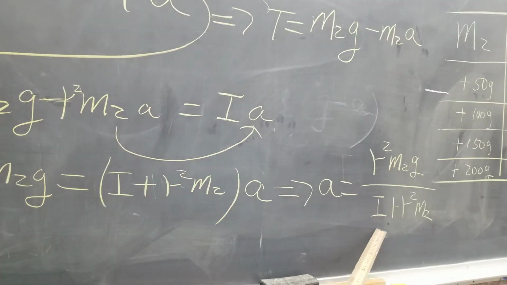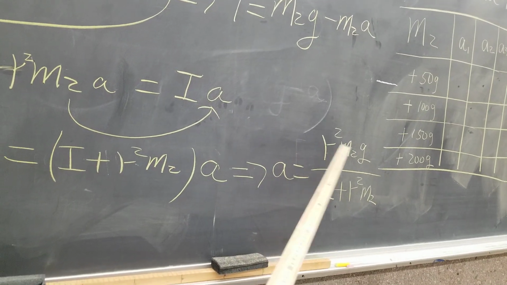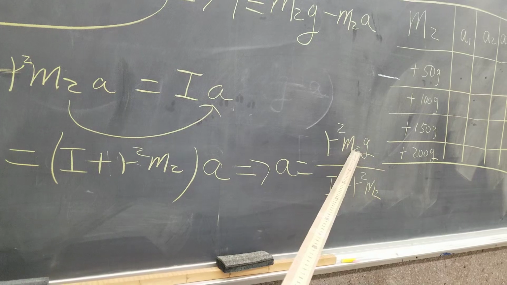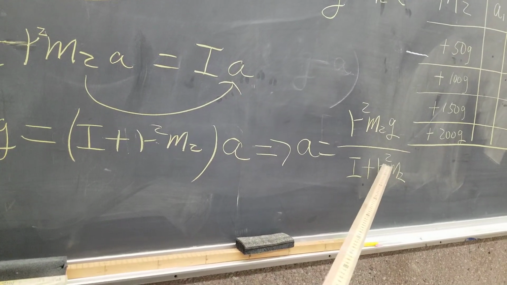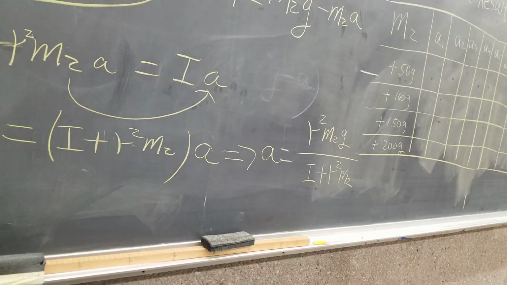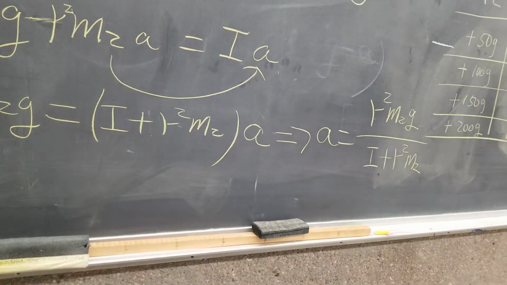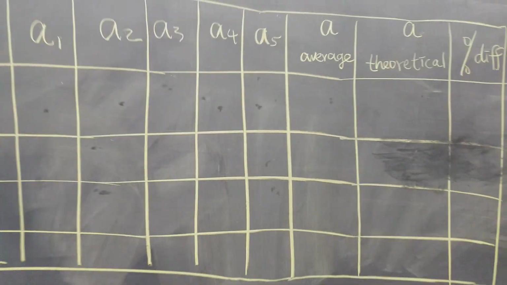This is the final equation for the acceleration. You plug in the little r, the hanging weight m2 g, and I is the moment of inertia, plus little r squared times m2, where m2 is the hanging mass. Using this equation, you can find the theoretical acceleration in this table.